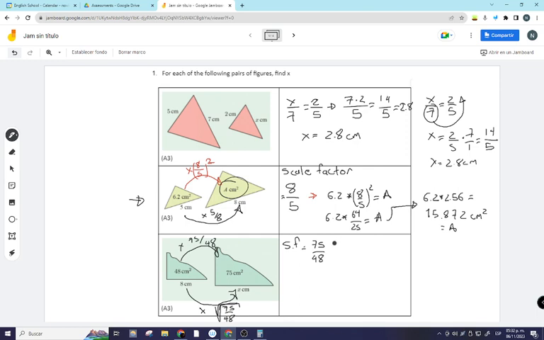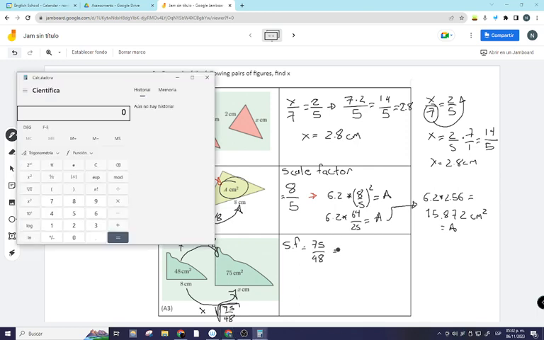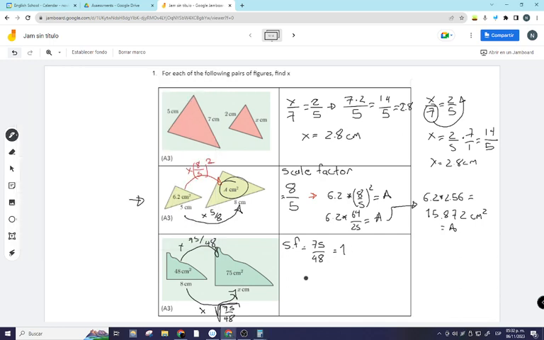So, in this case, let's work with it as a decimal. I think it's more convenient since these numbers are quite big. So, 75 divided by 48 is 1.5625. Let's use the number without rounding it.